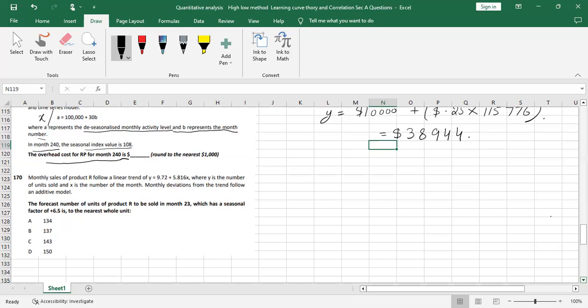So once again, you will use this formula. You will calculate Y first and then you will make the adjustment of seasonal variation. 9.72 plus 5.816 into 23. So first of all, solve this bracket and then add 9.72. I think it is 143.488.